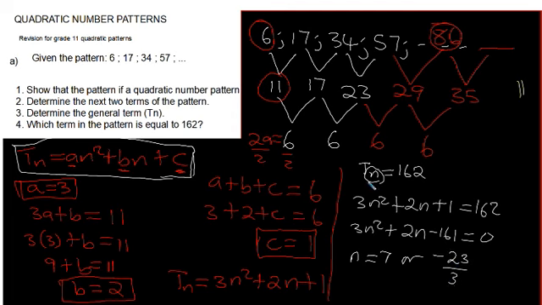And n is supposed to be a positive whole number, because it's a position, so n cannot be negative 23 over 3. That is not applicable. Therefore n is equal to 7, so T7 is equal to 162. We are saying 162 is a term in this number pattern, and it is term number 7. That is all for the first question.